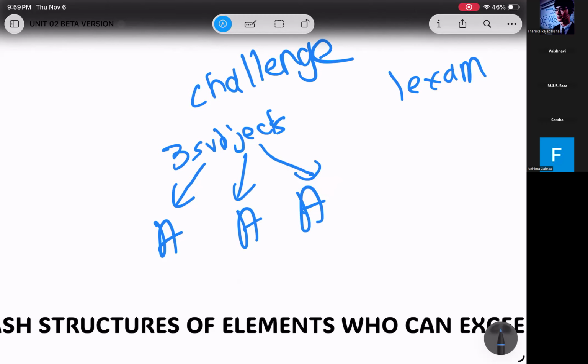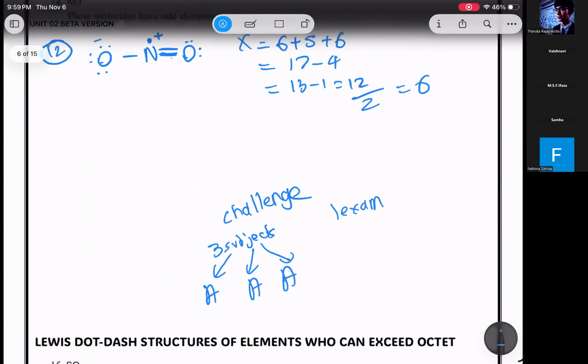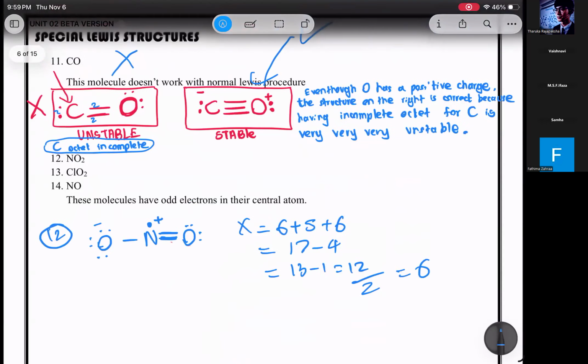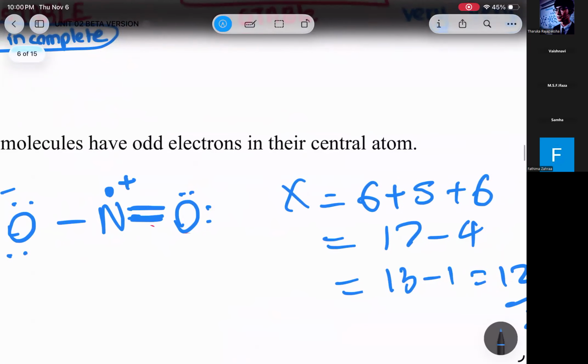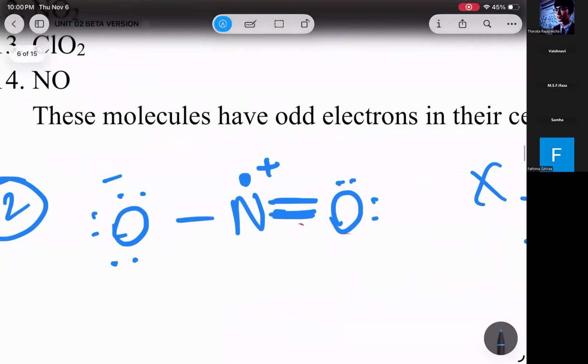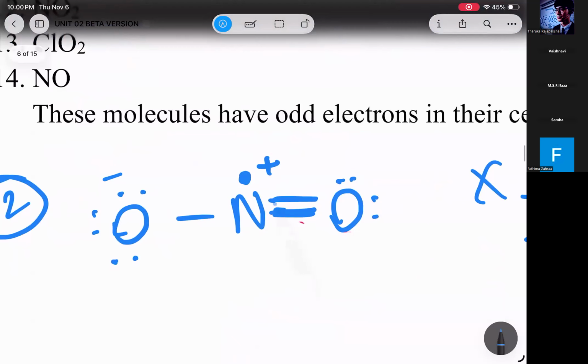So, octet rule of nitrogen? What do you mean octet rule of nitrogen? You mean in this one? 12th one? හරි 12th one එකේ අර extra electron එක දැම්මනේ ඇතුළට. හරි. Now it has a positive charge like this and oxygen එක double bonds හදනවා. හරිද?